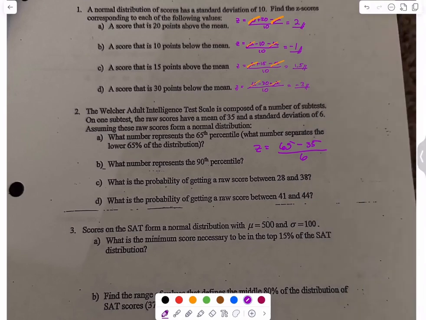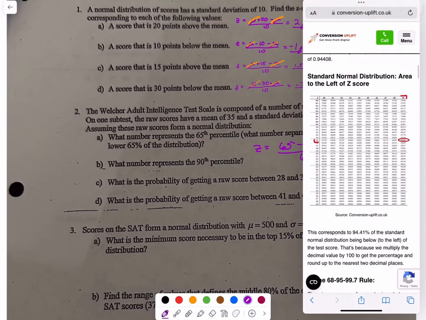I mean, 65th percentile. Let me think about this. Lower 65 below this value is the z-score. Let me check the chart. 65%.